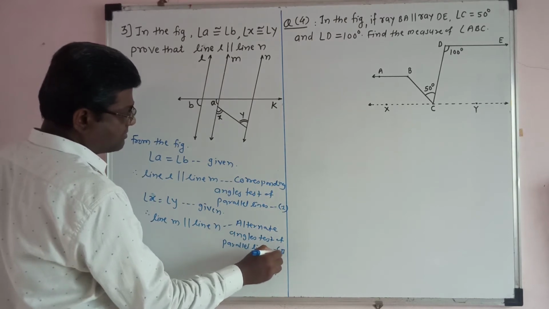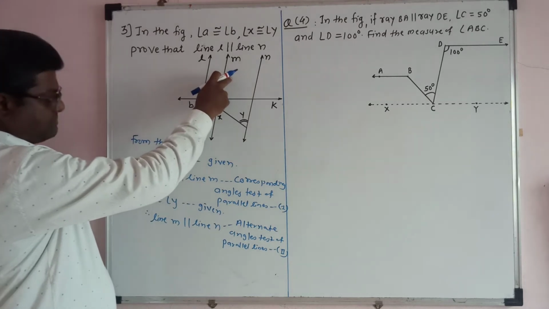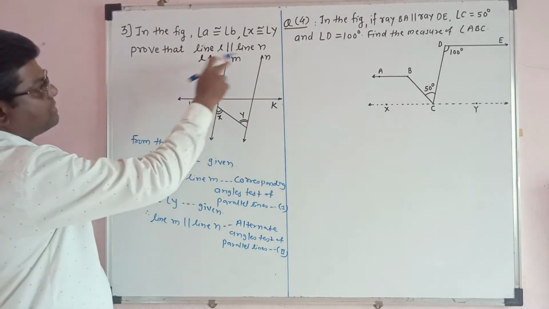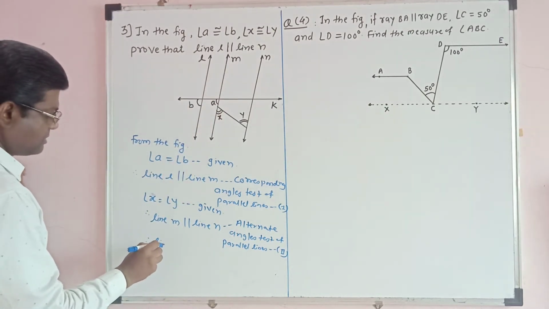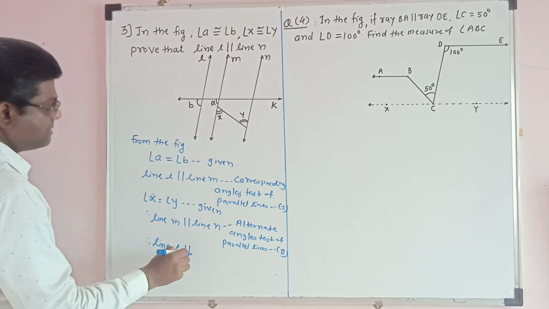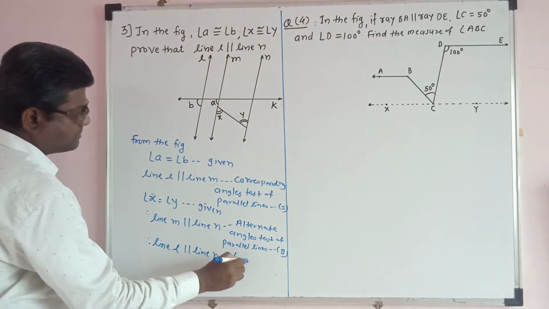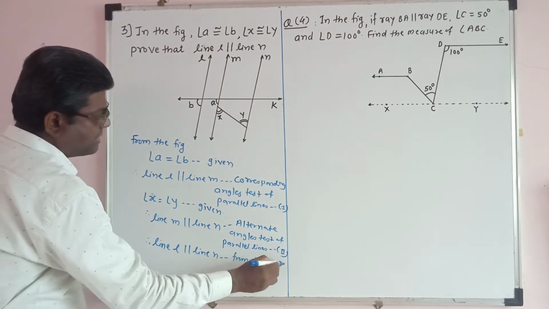This is equation number 2. Now line L parallel line M and line M parallel line N. Then line L will be parallel to line N. Therefore, line L parallel line N, from equations 1 and 2.